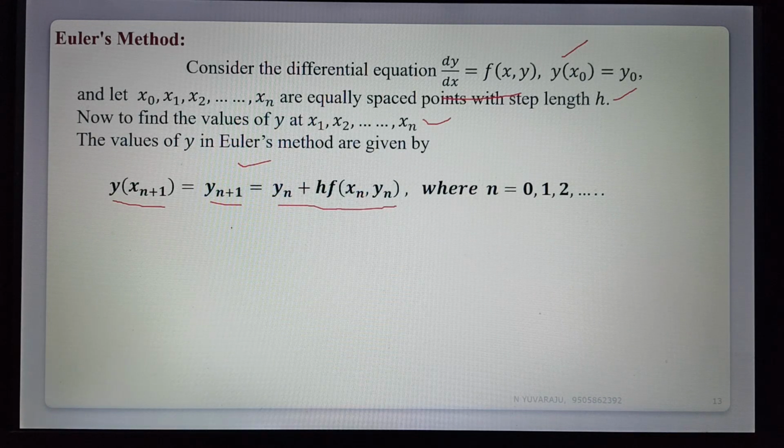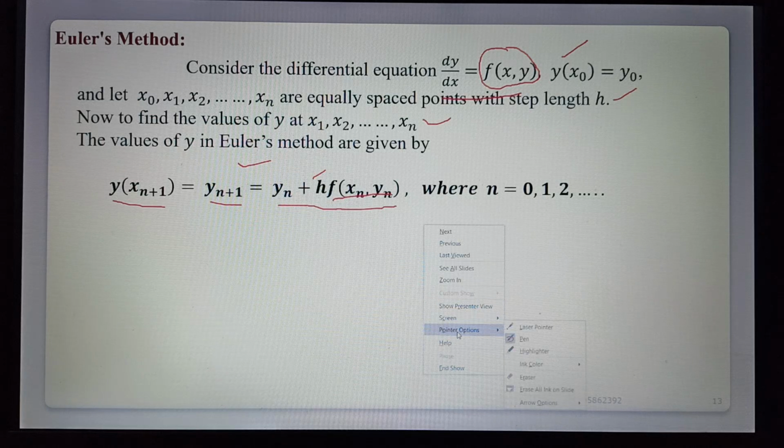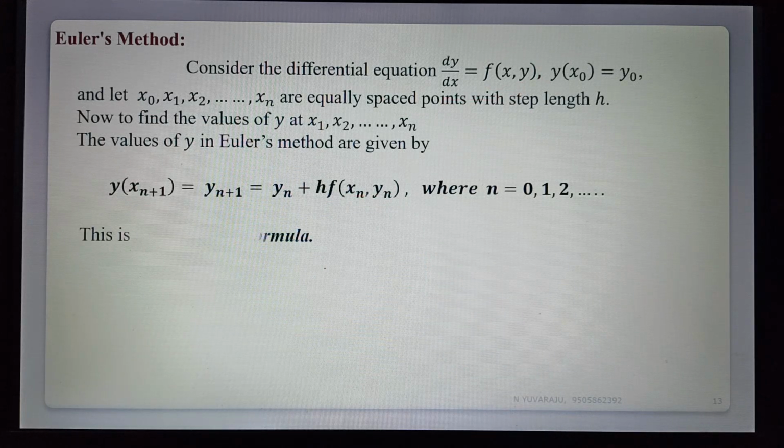N equal to 0 gives the first value y1, n equal to 1 gives y2, and so on. Here h is the given step length, the difference between x values, and f of xn comma yn means we substitute in the given function. This is called Euler's formula.